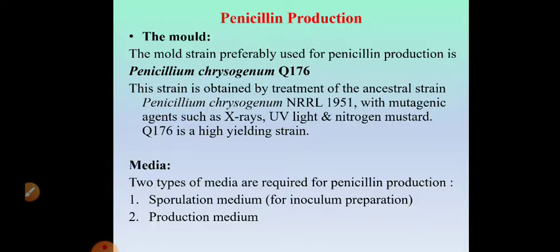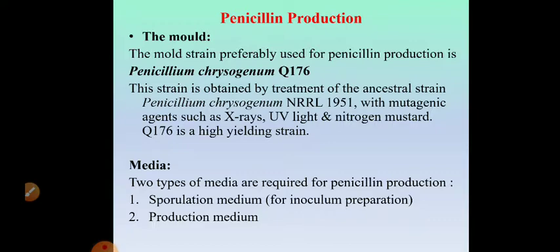Now, this production strain is stored in the dormant form as a spore suspension. In laboratories or culture collection centers, it is stored in the form of a spore suspension. How is it stored? In the form of a spore suspension mixed with sterile soil or sand and desiccated.